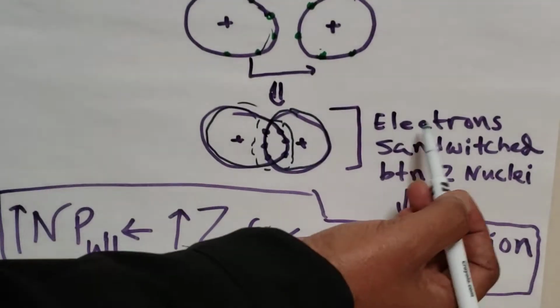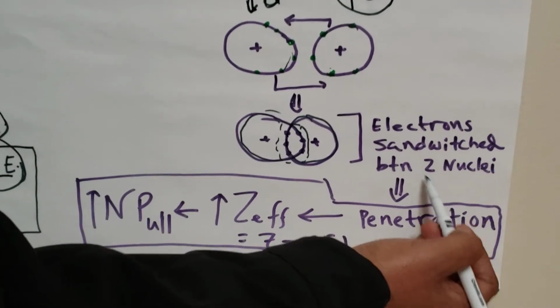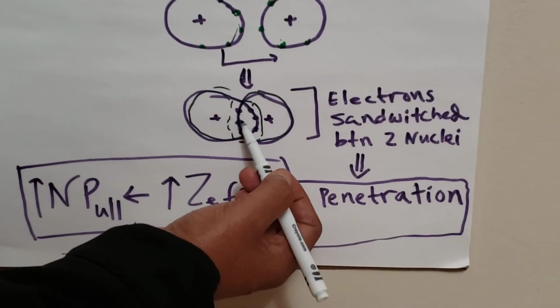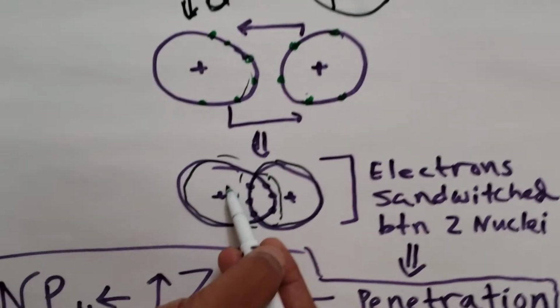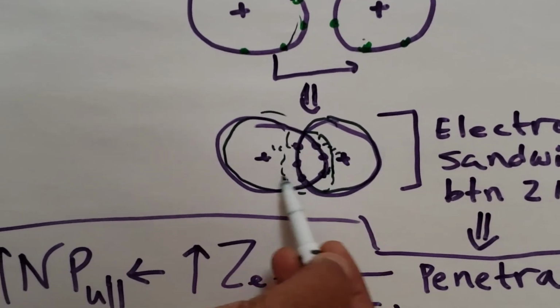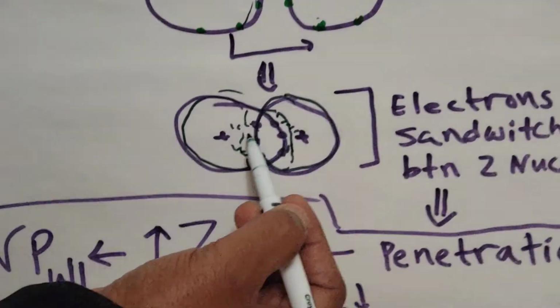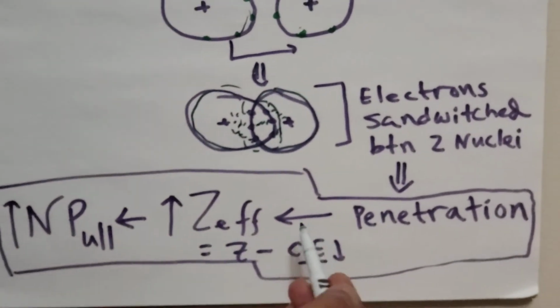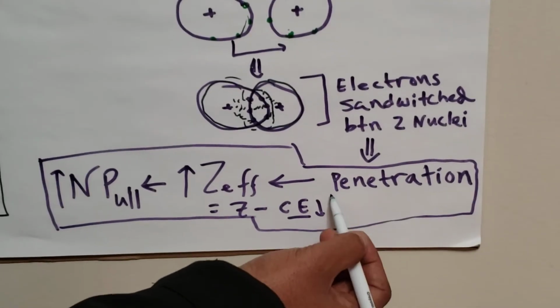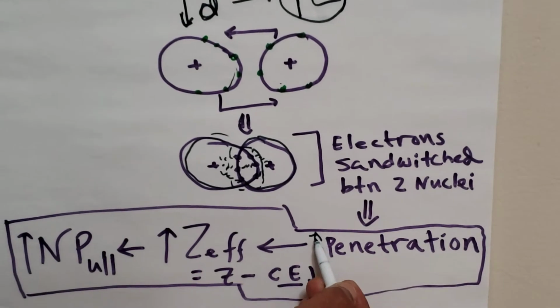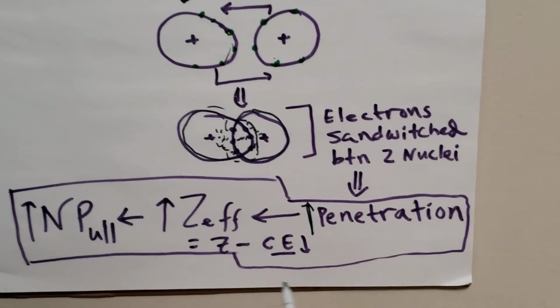When electrons are sandwiched, they will feel more attraction from both nuclei. Because of this, your penetration will go up. This is a sort of penetration.